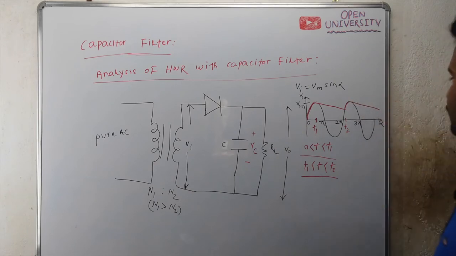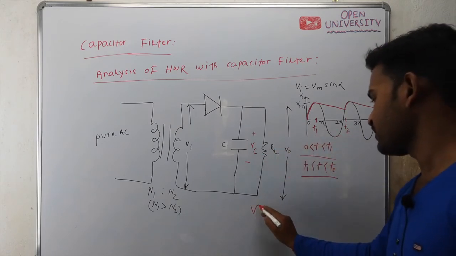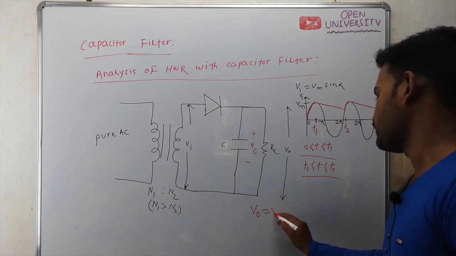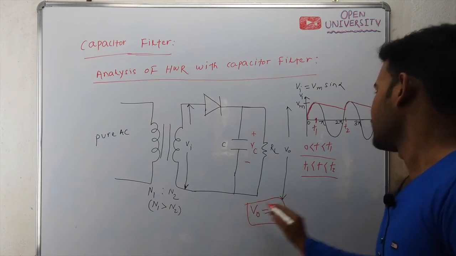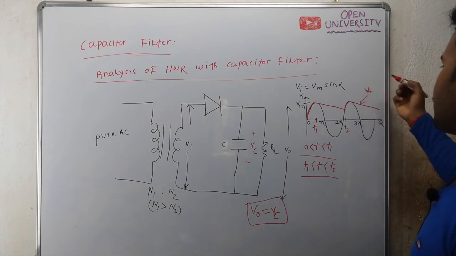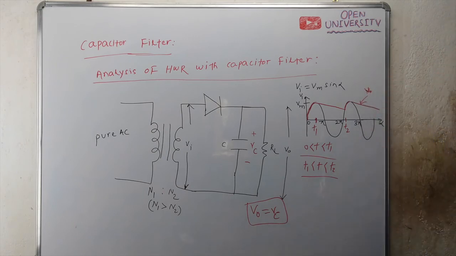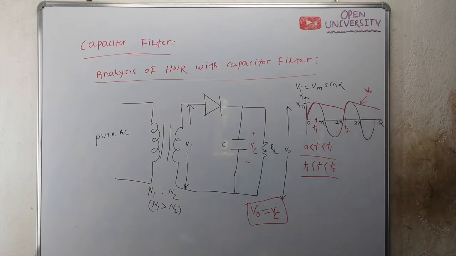So this will be the output waveform. V naught or VC is the same. V naught is nothing but equal to VC. The red color is the output waveform, or VC waveform.